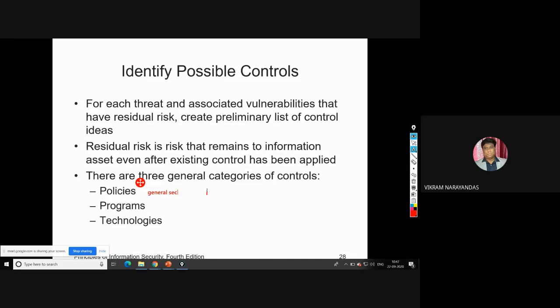Today we'll discuss only policies; programs and technologies come next.